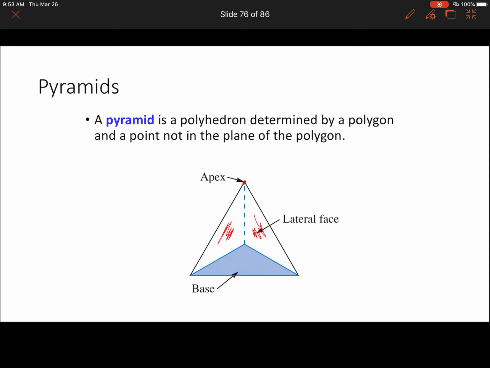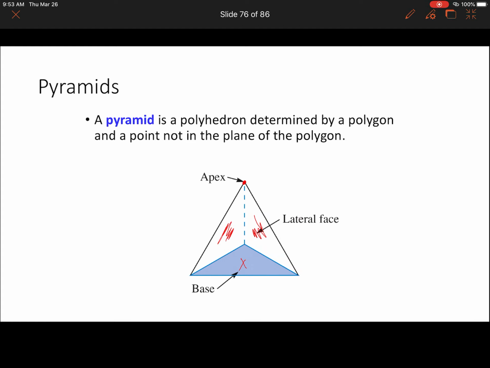So you can see, hopefully, you've got this outside triangle and this outside triangle, and then the one on the front side, and where they all meet is at that apex. And so all those are called the lateral faces. The polygon below the apex, the one that's directly below it in this case, is what we call our base.